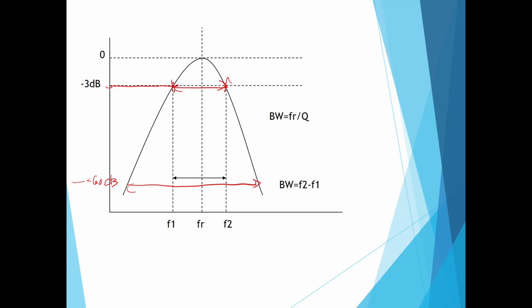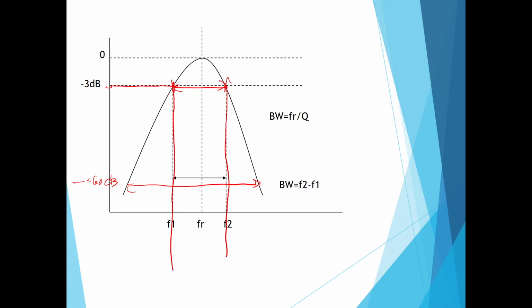Theoretically, we want a filter to have a very sharp cutoff. The best filter would have a very sharp cutoff like this, which does not happen in the real world. So theoretically, we want the filter to be as sharp as possible.